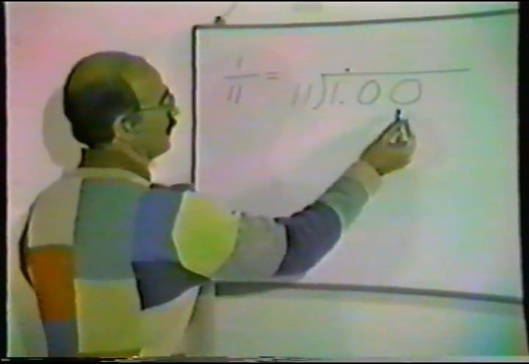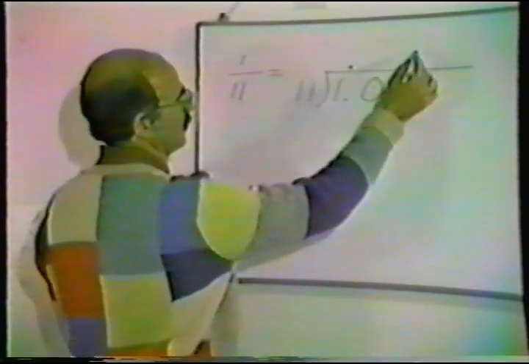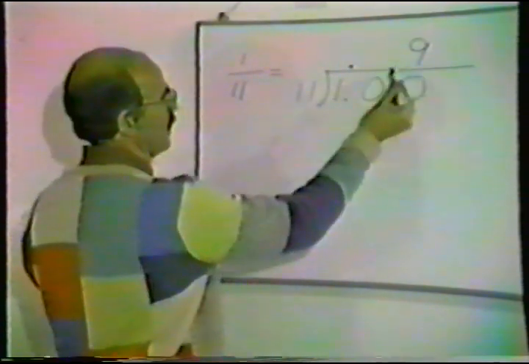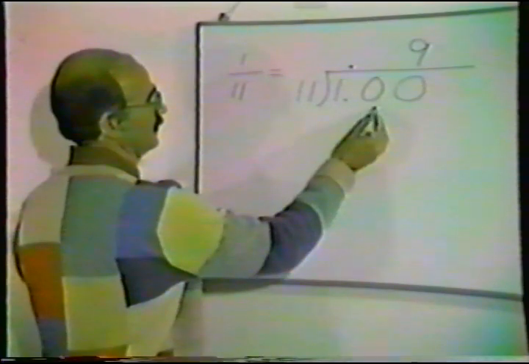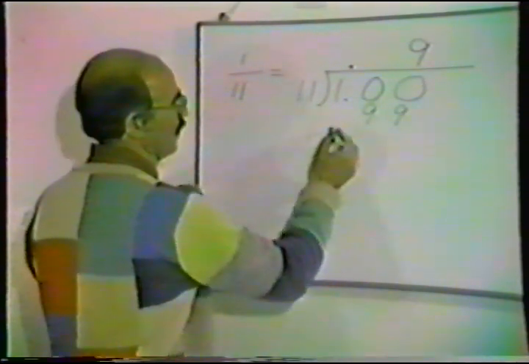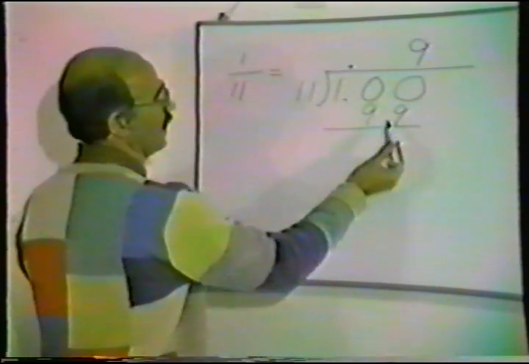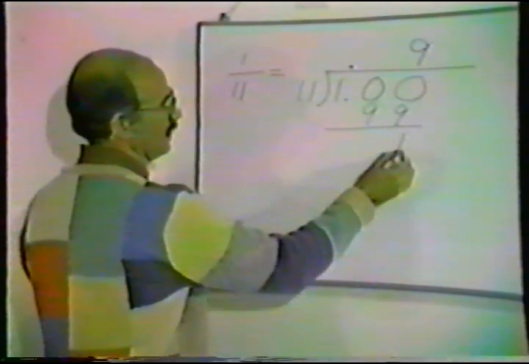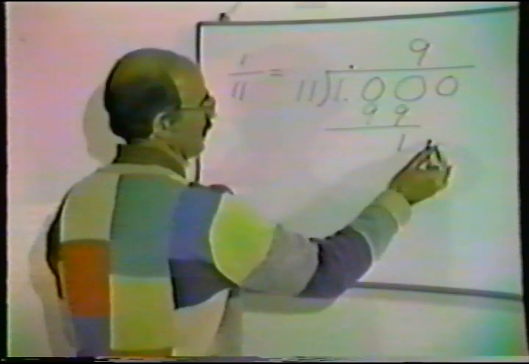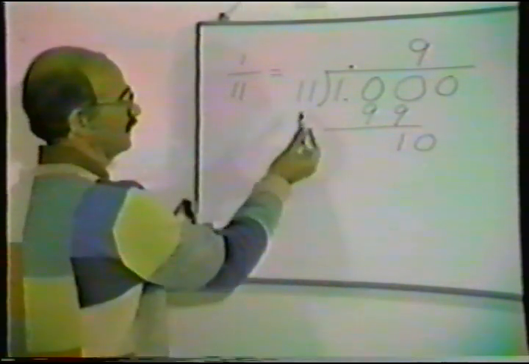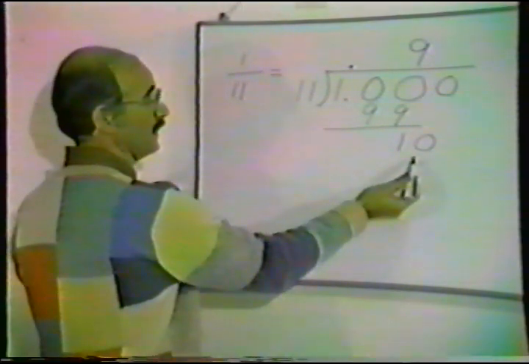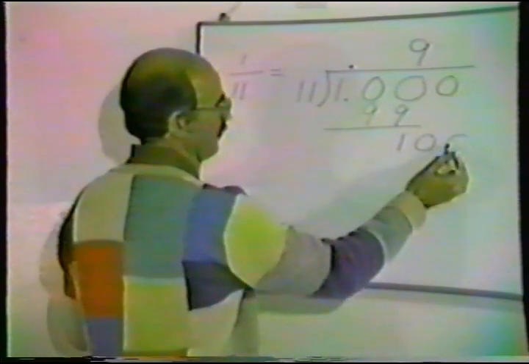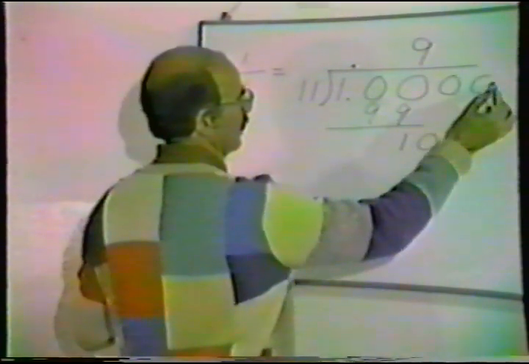11 into 100. 9, 9 times 11. 99. 100 take away 99 is? 1. Bring down a 0. 11 into 10. Can we do that? No. We'll have to use another 100.